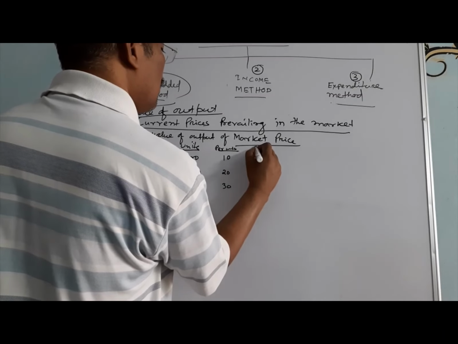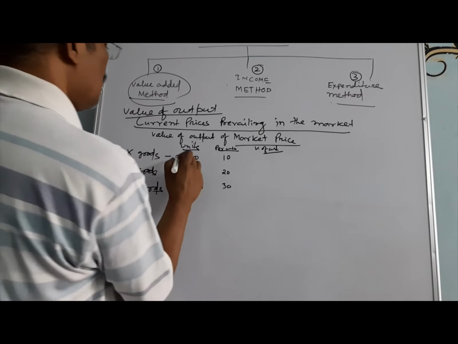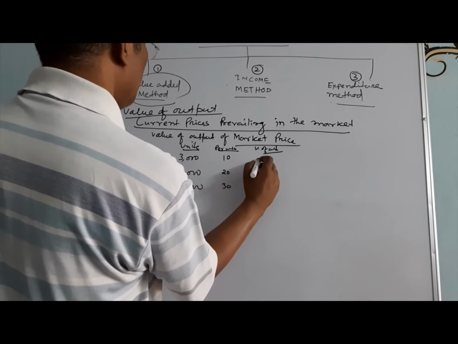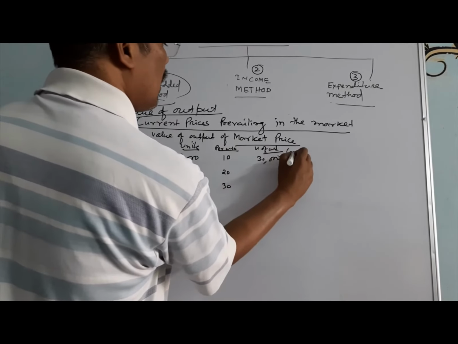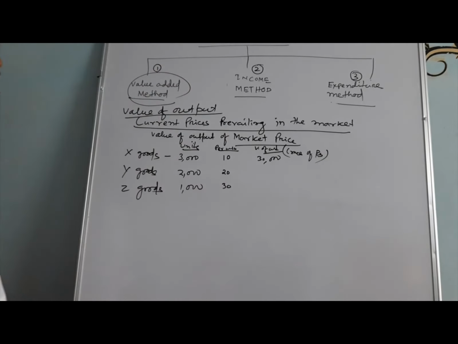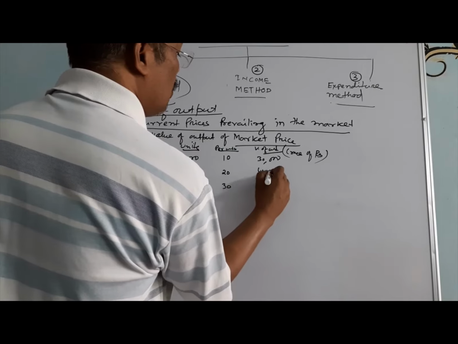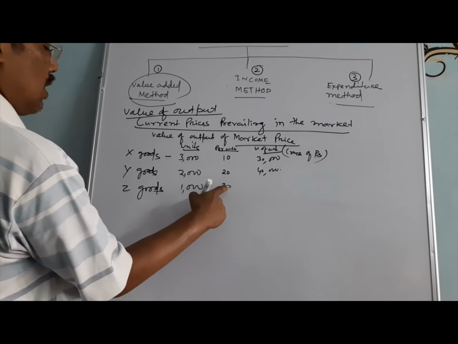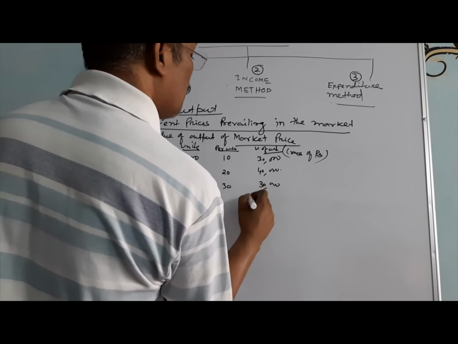So, value of output of X goods: 3,000 into 10 equals 30,000 crores of rupees, if it is calculated in crores of rupees. Y goods: 20 into 2,000 equals 40,000 crores of rupees. Z goods: 30 into 1,000 equals 30,000 crores of rupees.